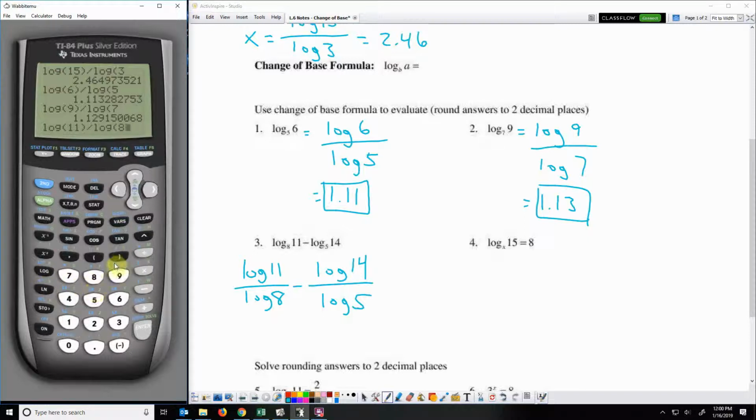And I'm going to close parentheses here, even though I didn't do that every time up here. It's just because I've got more to do after this. So close those parentheses, minus log 14 divided by log 5. Negative 0.49.